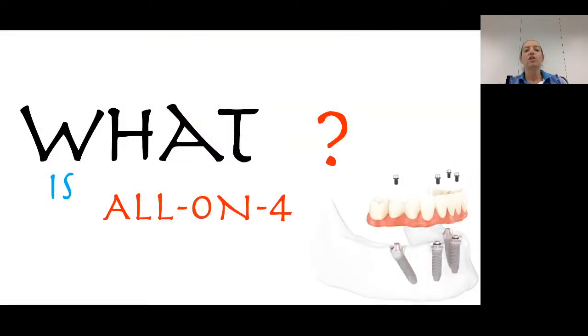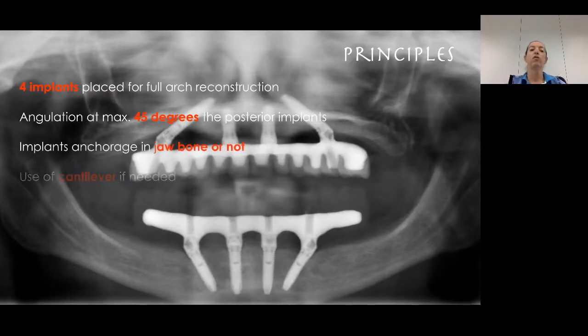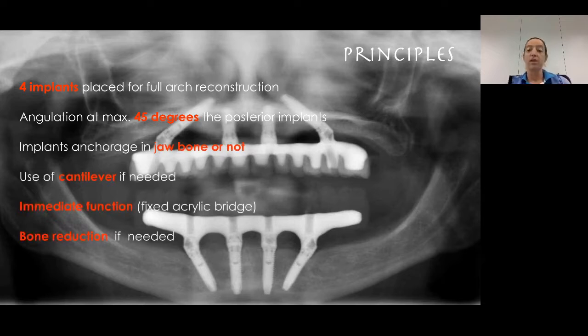Now we come to the question: what is the All-on-4? Probably you already have an idea, but what do we consider to be the All-on-4? The principles are that we use only 4 implants placed for a full arch reconstruction, and that the angulation of the posterior implants is at a maximum of 45 degrees.